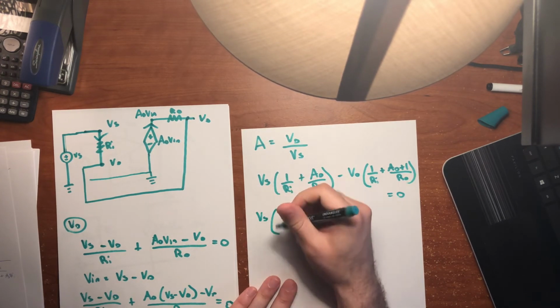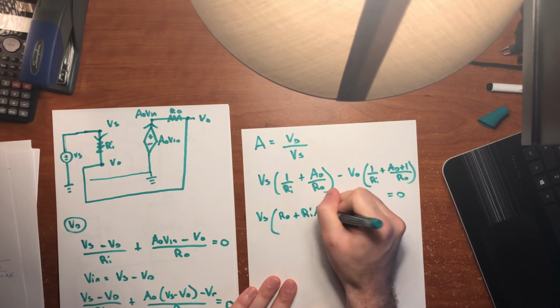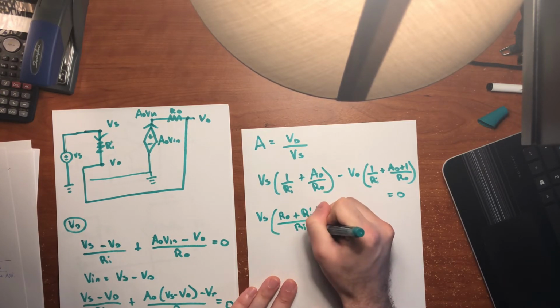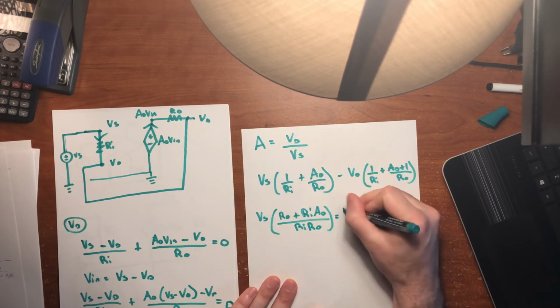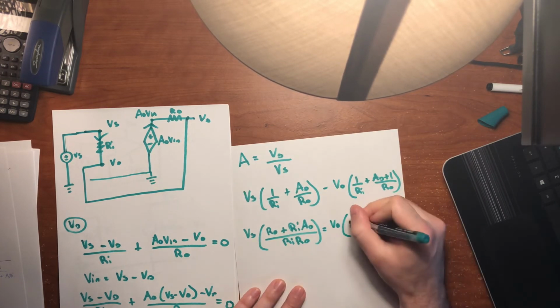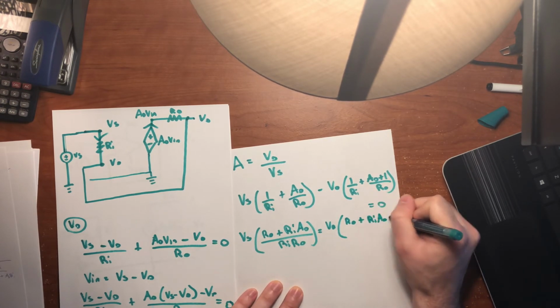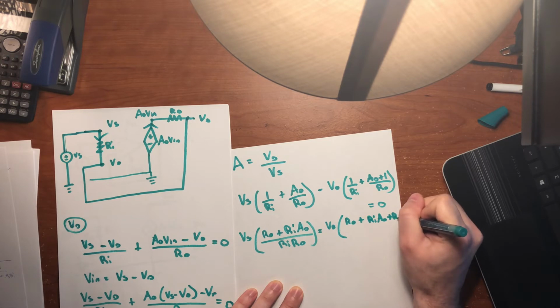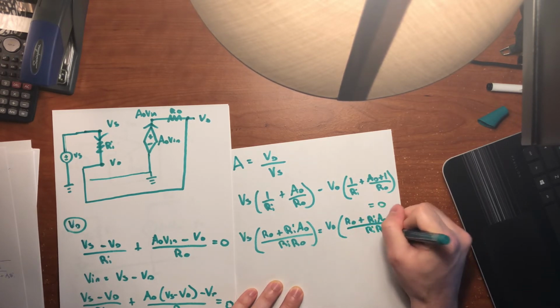We have Vs over R naught plus Ri A naught over Ri R naught. Bring this over to the other side, so equals 0. We have V naught. We have R naught plus Ri A naught plus Ri divided by Ri R naught.